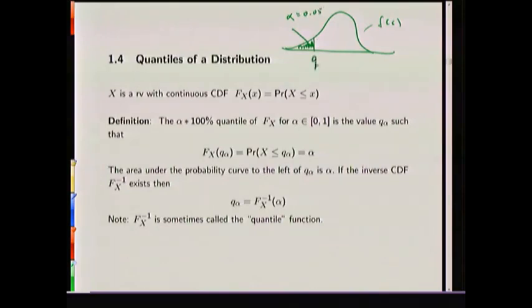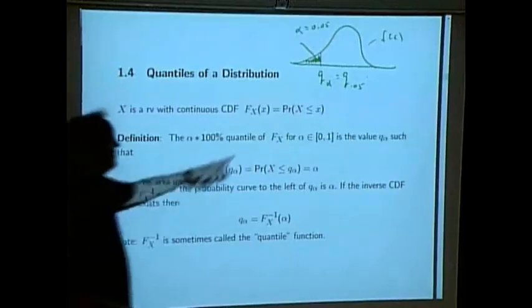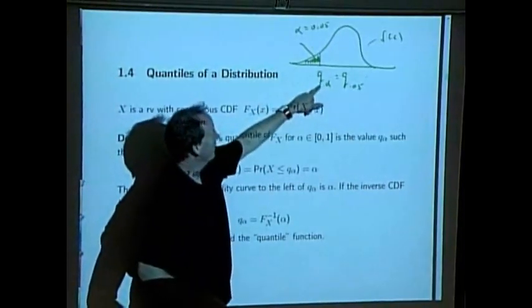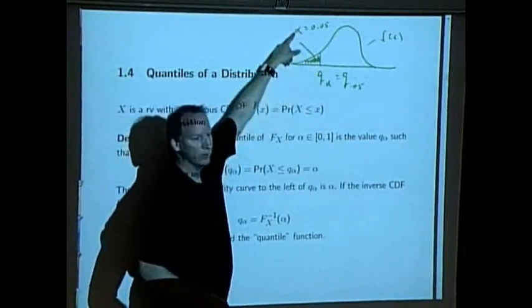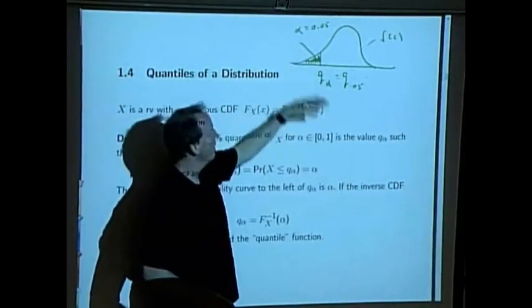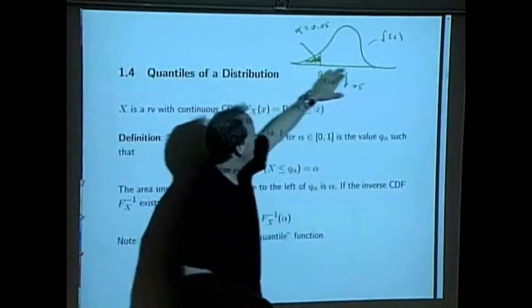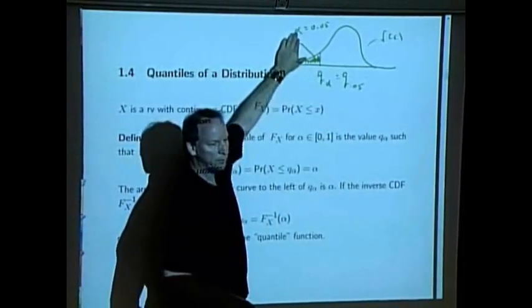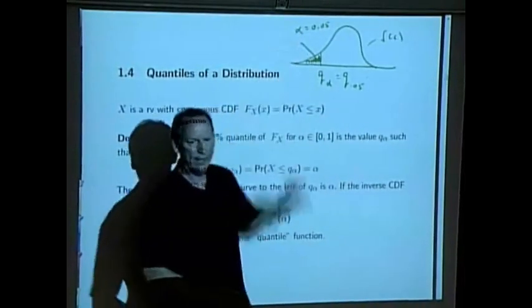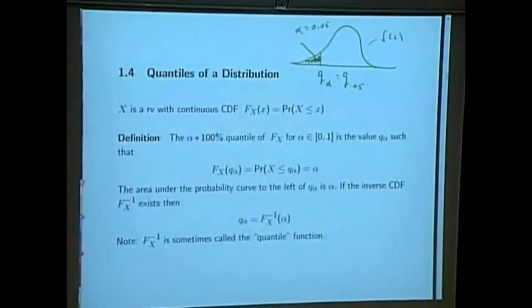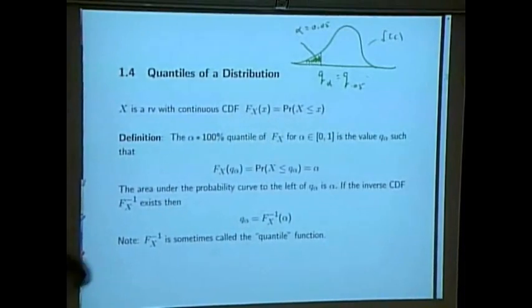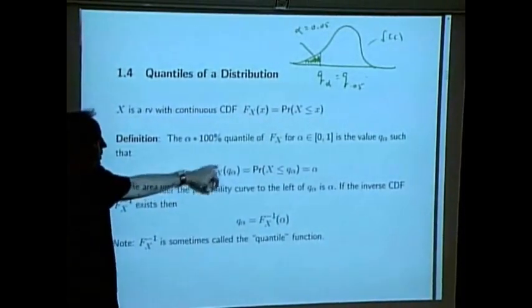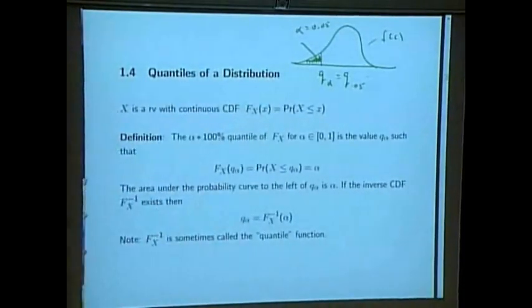Then the 5% quantile is the value of x such that the probability to the left of the quantile is equal to this probability value. Okay? So quantiles are values in the sample space such that the probability to the left of the quantile is equal to your specified alpha. Okay? So that's, again, the definition of a quantile.